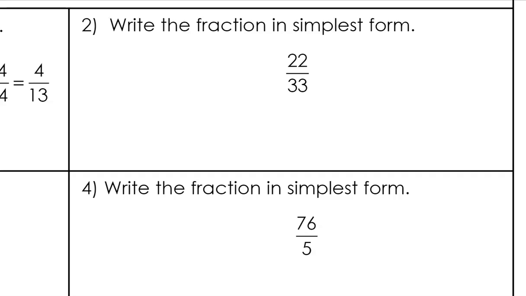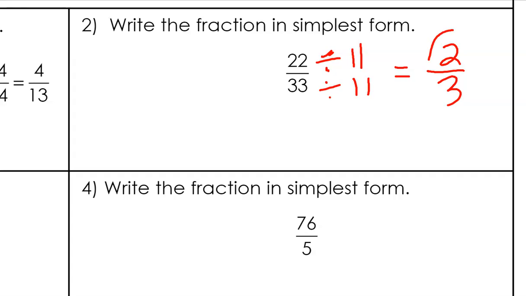So we're going to divide both the top and the bottom by 11. This is going to give us an equivalent fraction: 22 divided by 11 is 2, because 2 times 11 is 22, and 33 divided by 11 is 3, because 3 times 11 is 33.